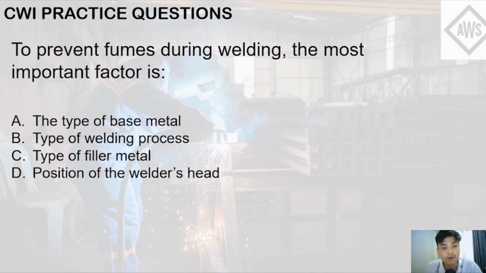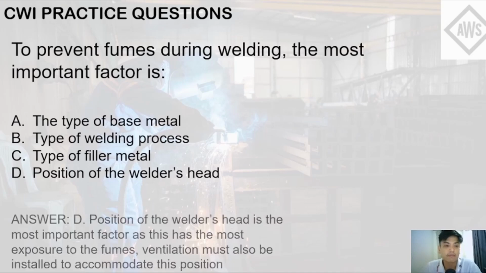So that's how important it is, the position of the welder's head. You need to sample that breathing zone to have a baseline in terms of designing the welder's helmet. So the answer is letter D.